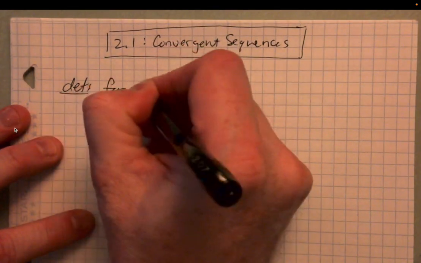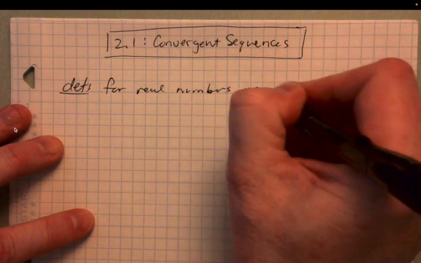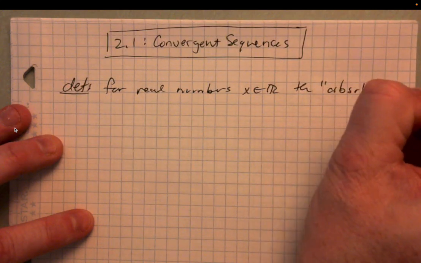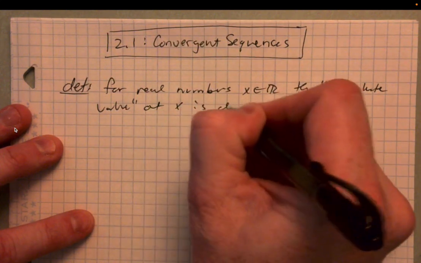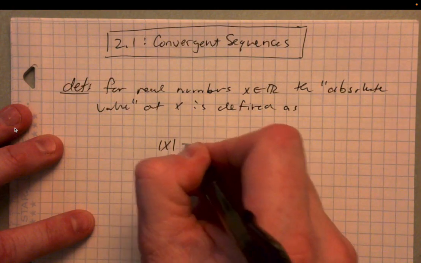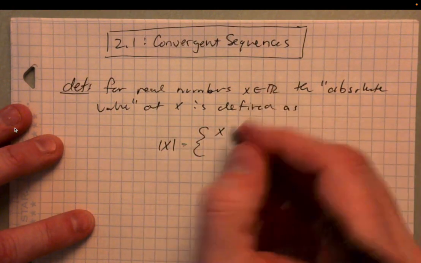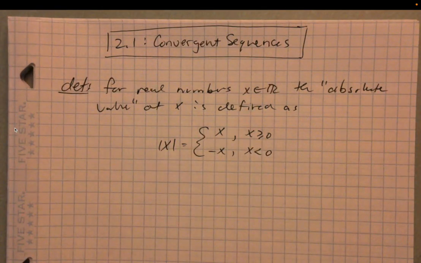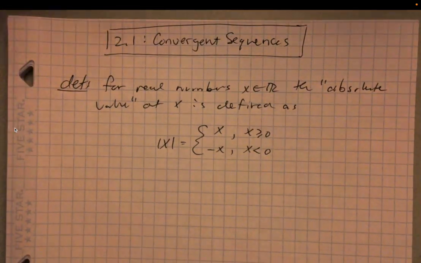For real numbers x in R, the absolute value of x is equal to x if x is greater than or equal to 0, and negative x if x is less than 0. Nothing too mind-blowing there.